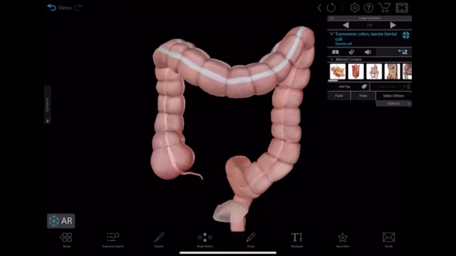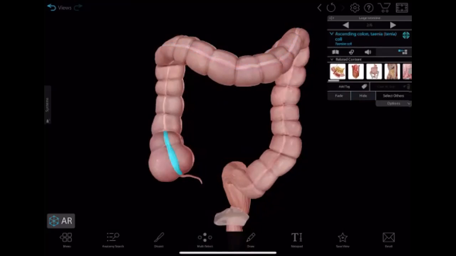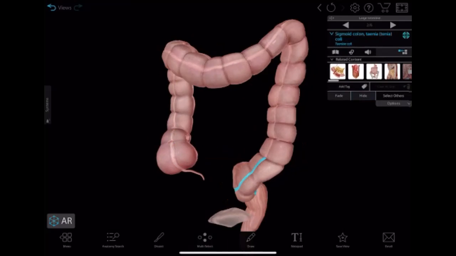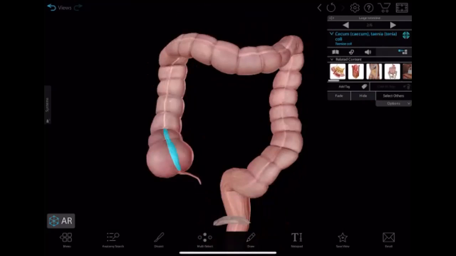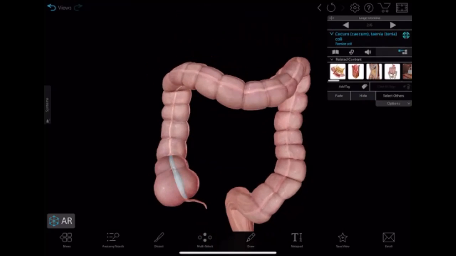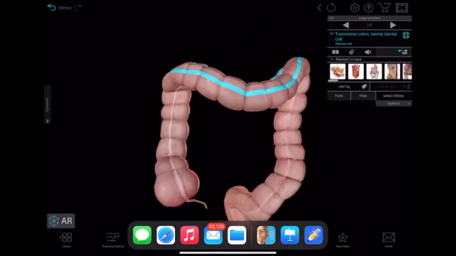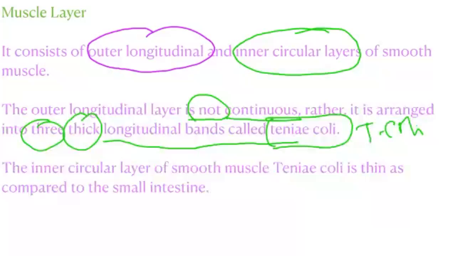That is taenia coli. This band is present along the whole length of the large intestine, right? Here and posteriorly also, right? So in the cecum and ascending colon, it is present anteriorly, right? In the transverse colon, it changes its location. Serosa covers the transverse colon and sigmoid colon, but parts of the ascending and descending colons are covered by tunica adventitia.